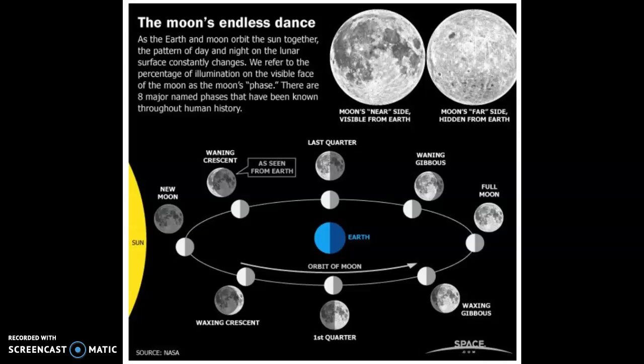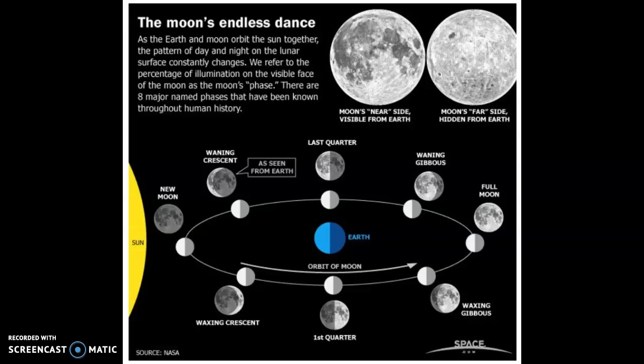Another thing I want you to think about is comparing the first quarter and the last quarter. These are the positions where you are at 90-degree angles from the sun. Compare the light. At the last quarter, the earth, the moon, and the image of what you see is all the same.